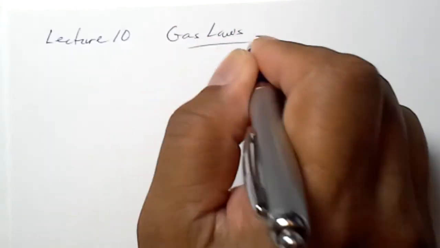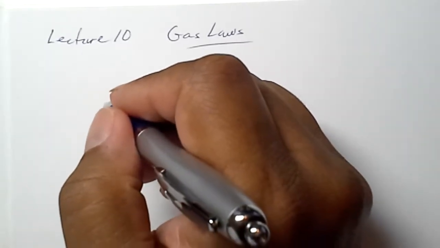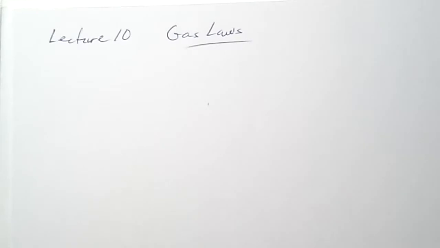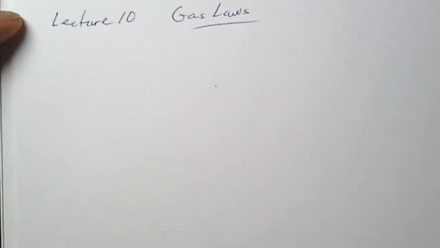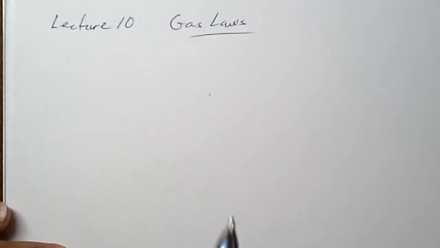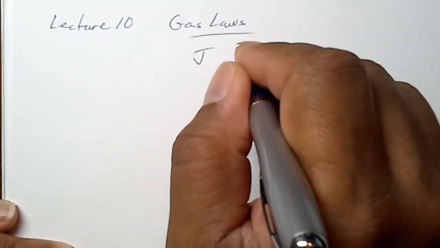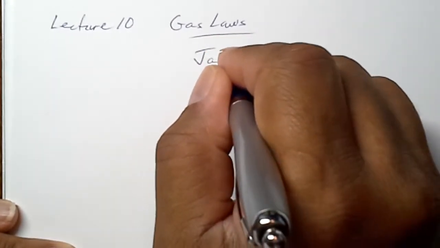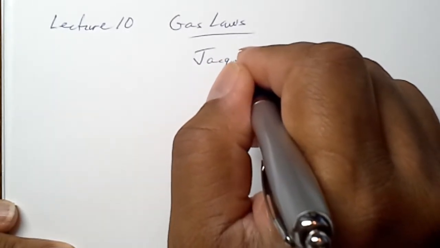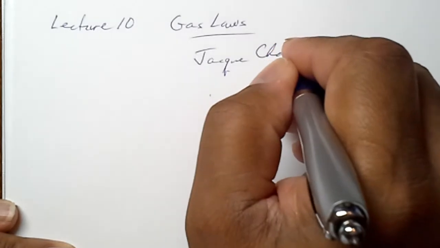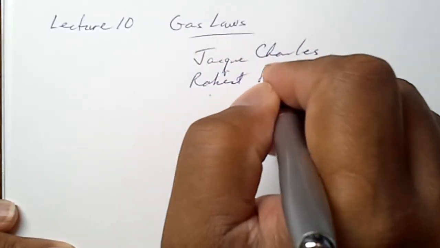We're going to talk about some properties of gases, and in particular the laws that were developed by, I believe it's, Jacques Charles and Robert Boyle.